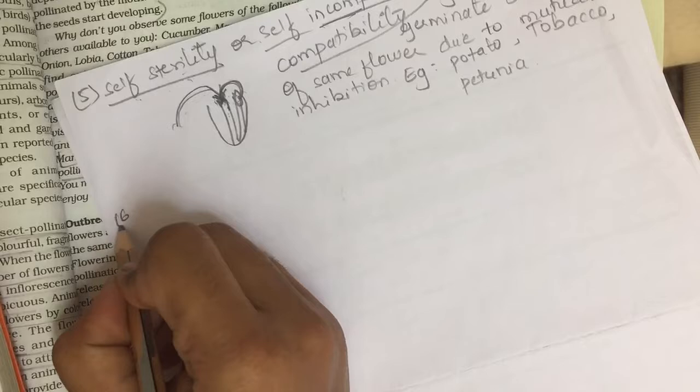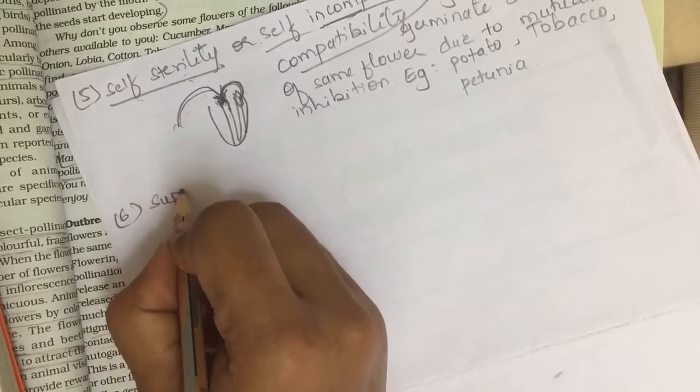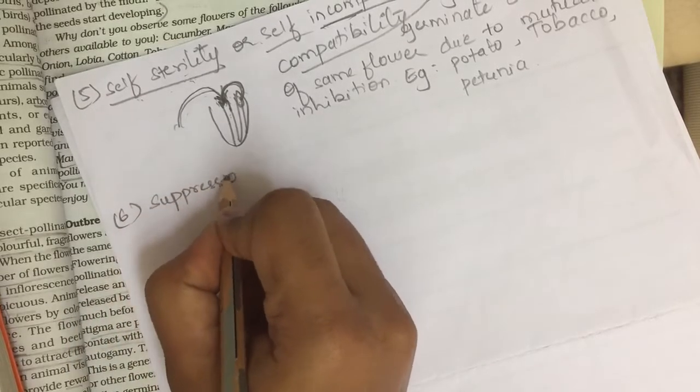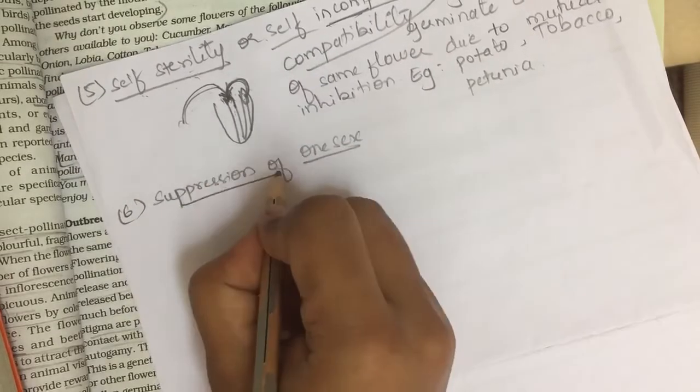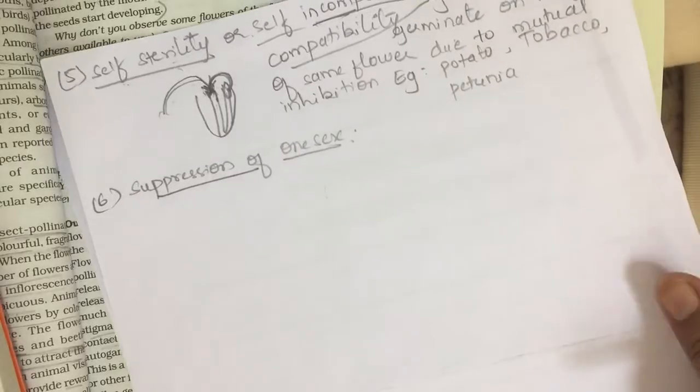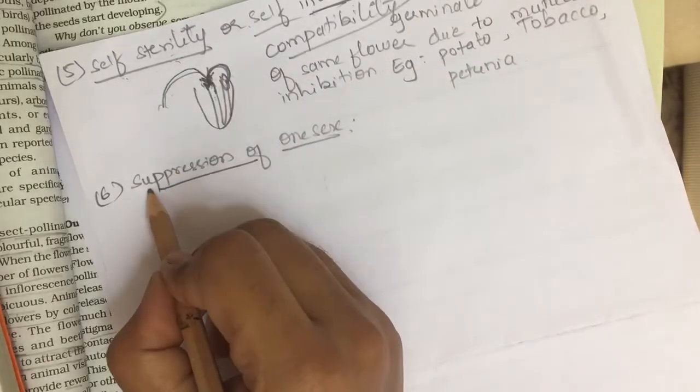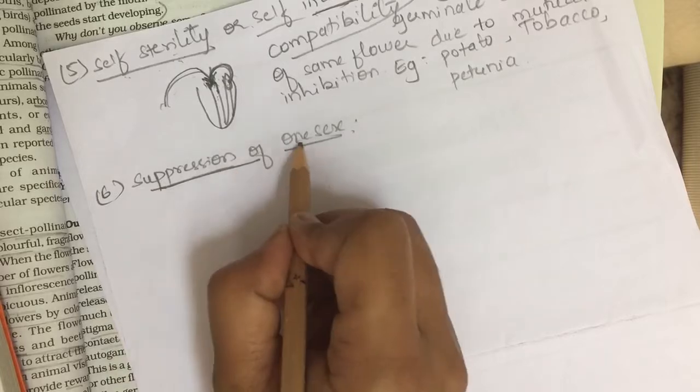Next, suppression of one sex. The sixth outbreeding device is suppression of one sex. Suppression means it is getting suppressed. In a bisexual flower, one sex will get suppressed, either the male reproductive organ or the female reproductive organ.